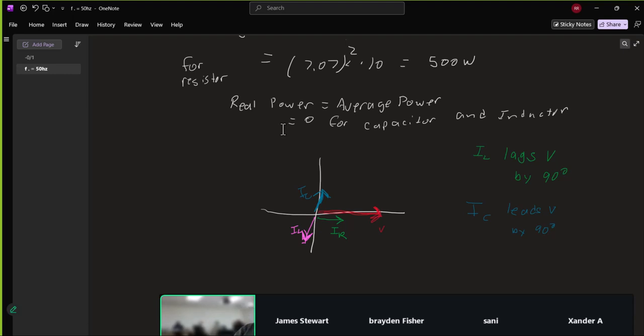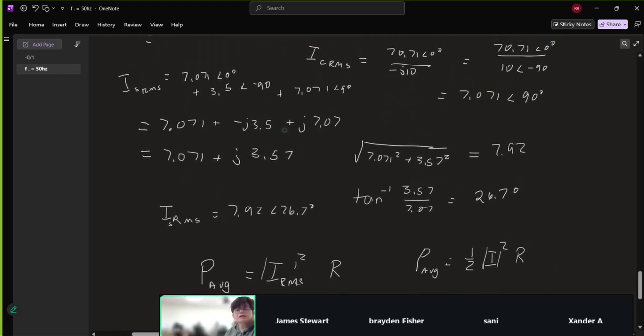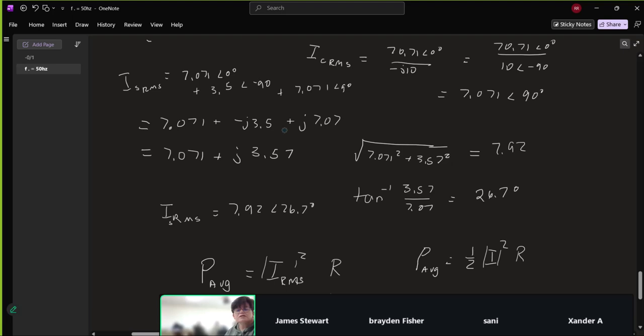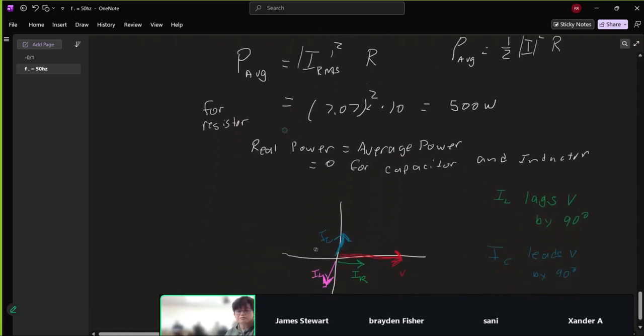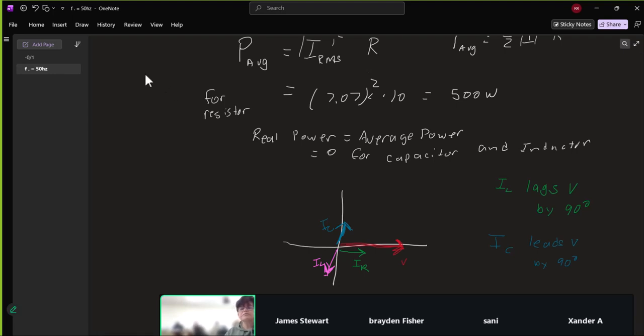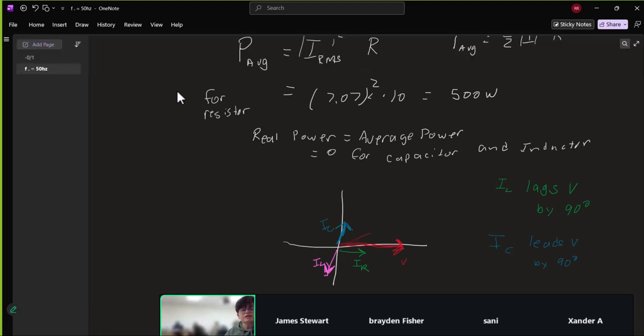Now, am I going to do IS? I don't have IS in here. I will. IS is 7.92 at angle 26.7. So does IS lead or lag the voltage?